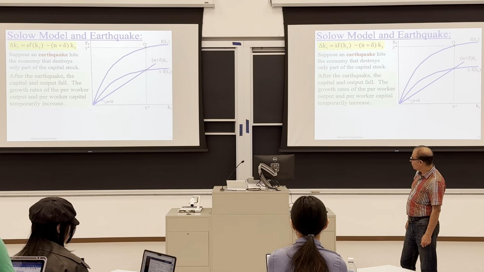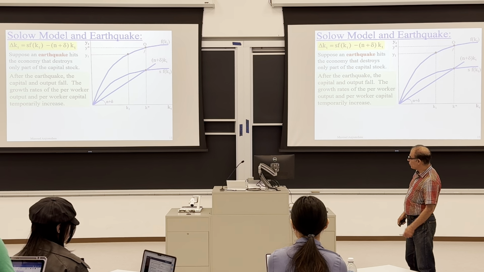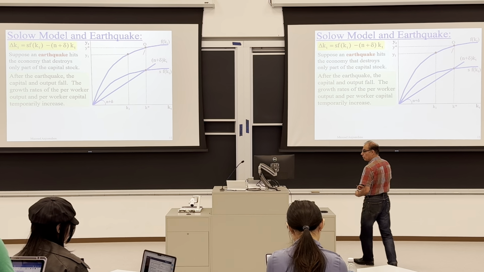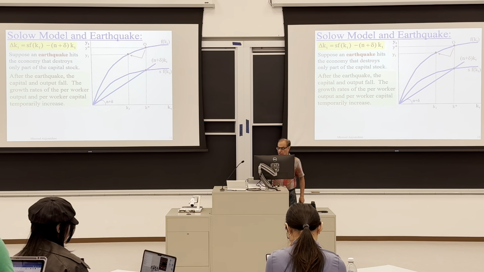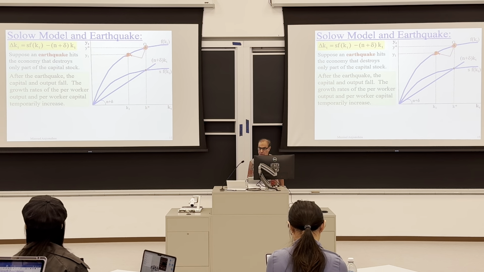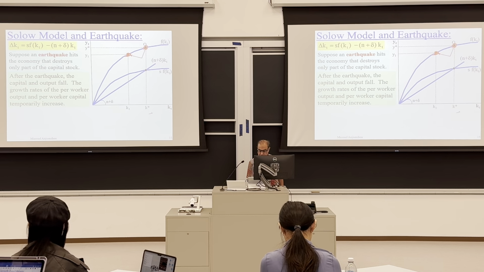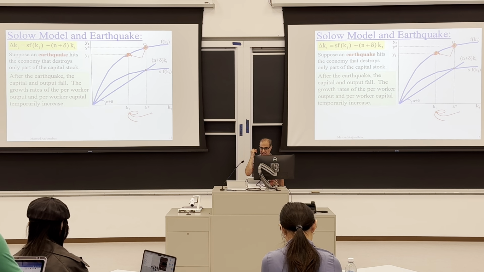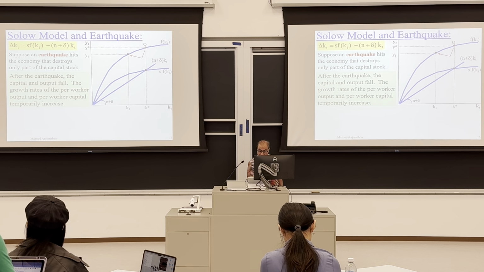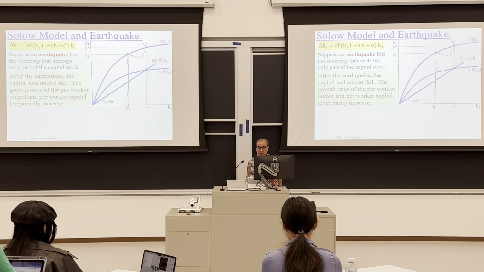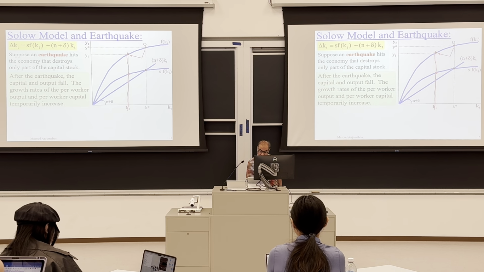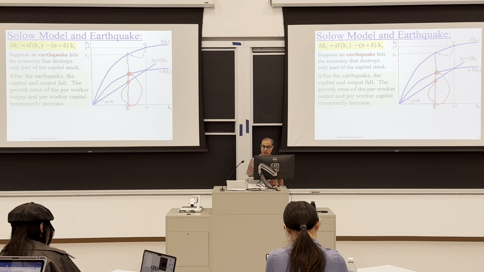Okay, so look at here. You see, your economy just overnight jumps from here to here. Is that right? Because capital stock is changing, nothing else. So there is no shift. But then what happens? At this level of capital stock, remember last week? Inflow of capital is larger than outflow of capital. So what happens?